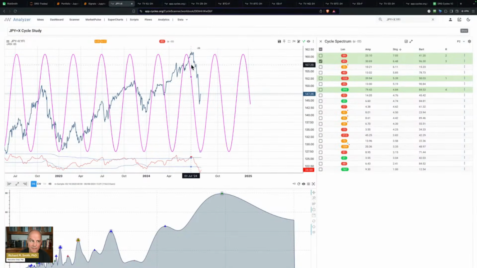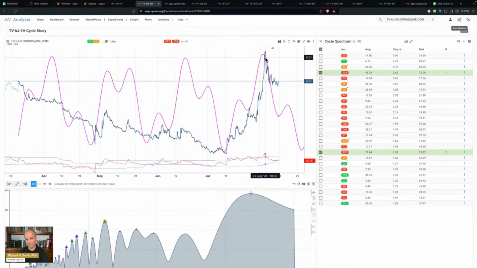So this means, when this is going up, it means the yen's getting cheaper because you can buy more yen with your dollars. But here it's the opposite, right? So when this is going down, it means the yen's getting cheaper. When it's going up, it means the yen's getting more expensive.